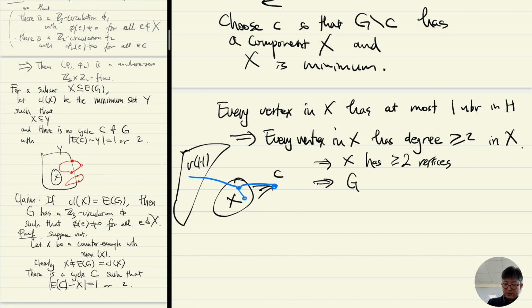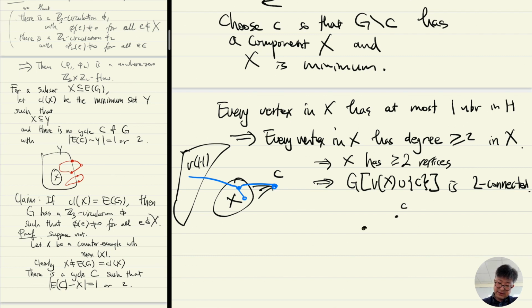That means, and I claim that G induced on the vertices of X union C is 2 connected. Why? Because if it's not 2 connected, then you have a cut vertex, right?